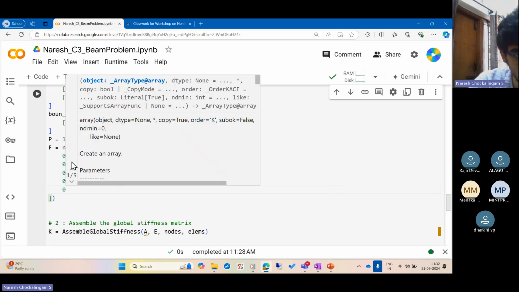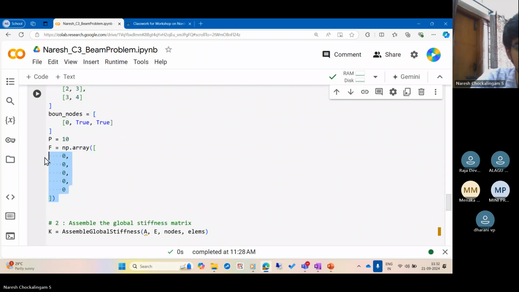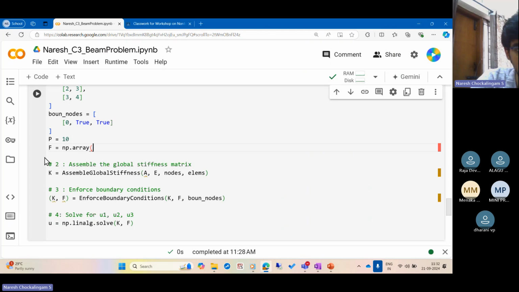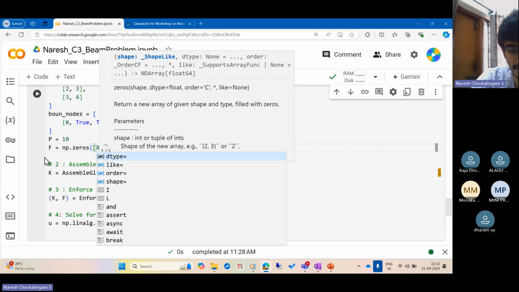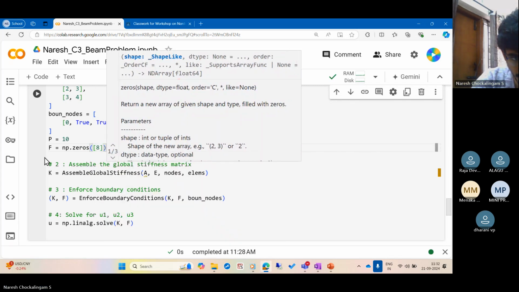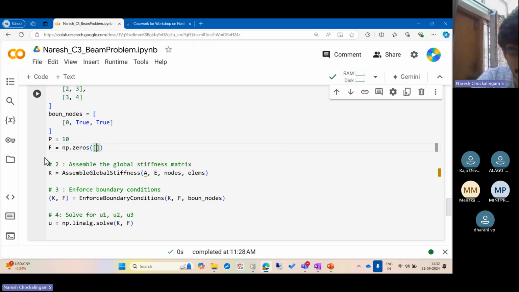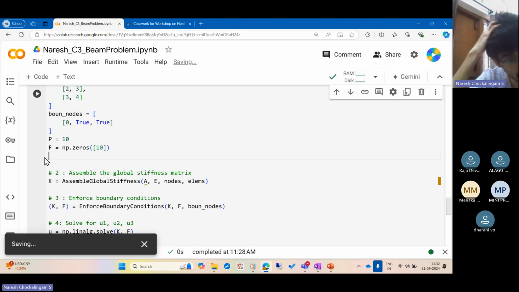I don't have to fill in all the zeros. I can just say f is equal to np dot zeros of size 10. It has got 5 nodes, so 2 degrees of freedom per node.